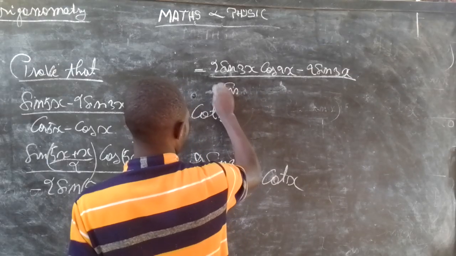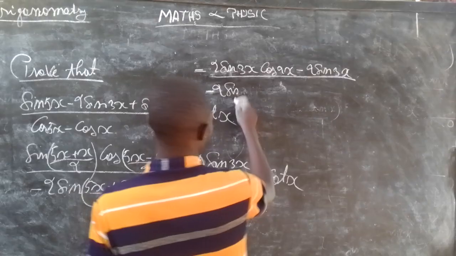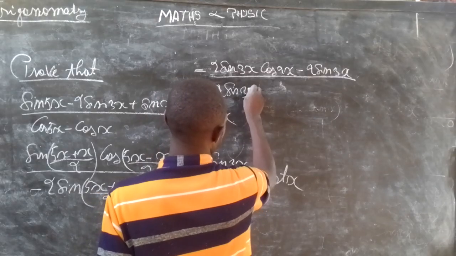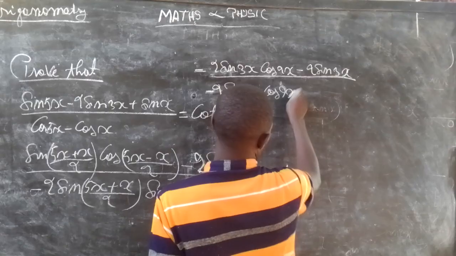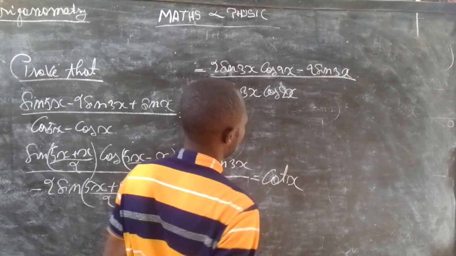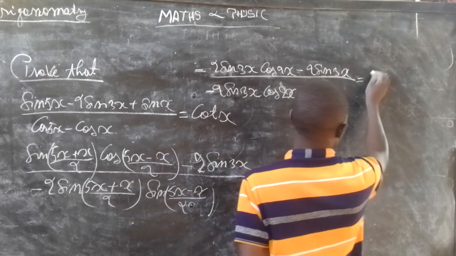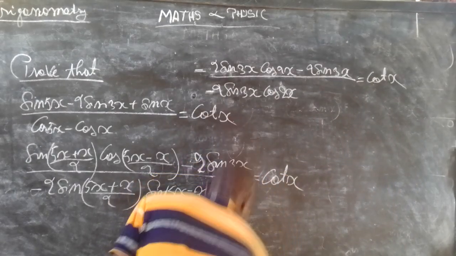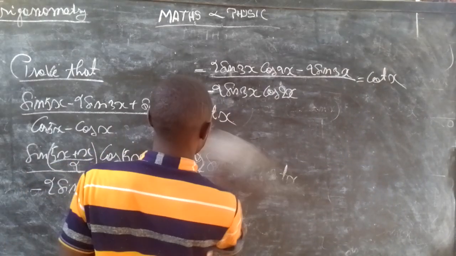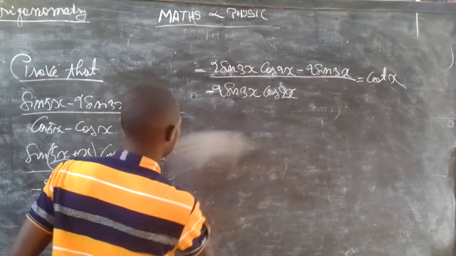Here we have a 2, and here a negative 2, sine 3x cosine 2x, which is equal to cot x. Let's keep moving on.